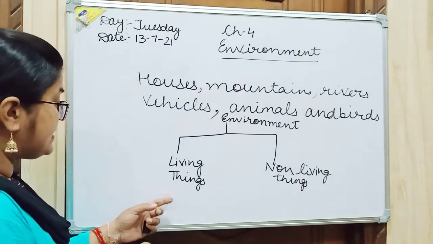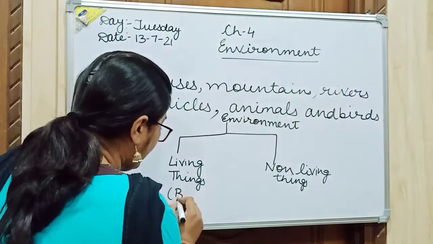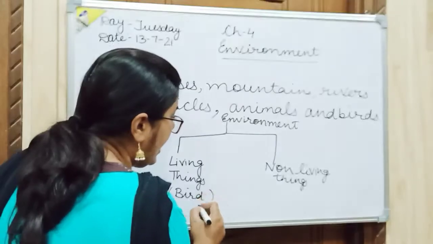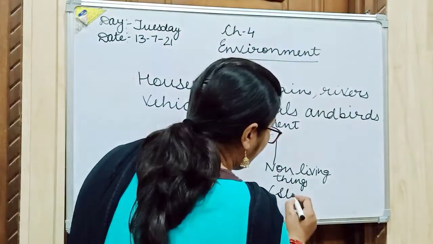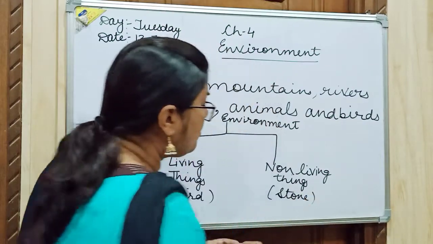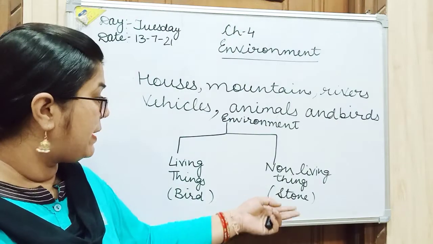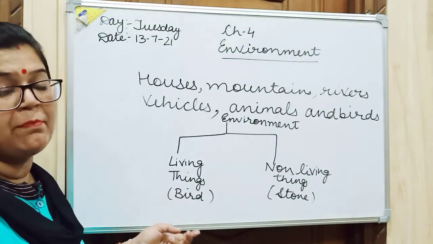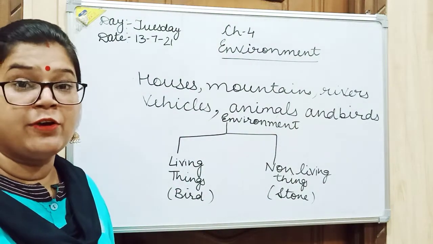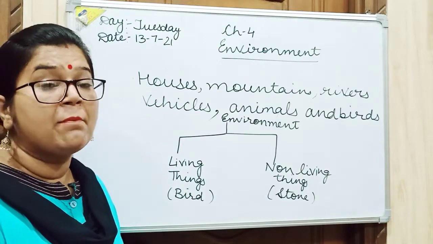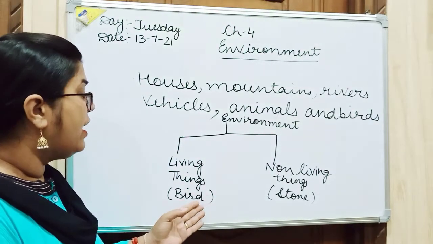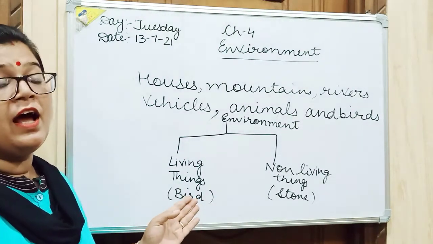The living thing example I just gave you is a bird, and the non-living thing is a stone. There are so many examples of non-living things like table, chair, pen, copy, bag, and there are many examples of living things also like human beings, birds, animals, plants. All these are living things.